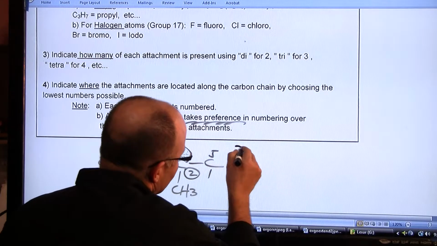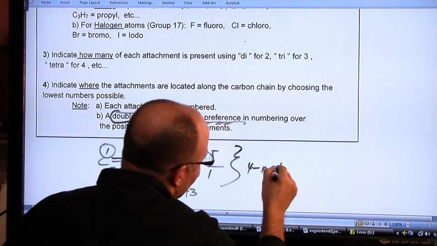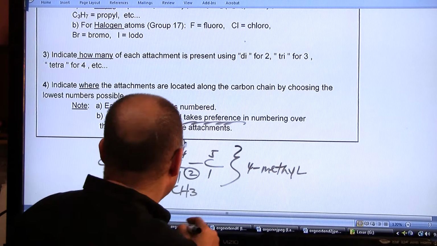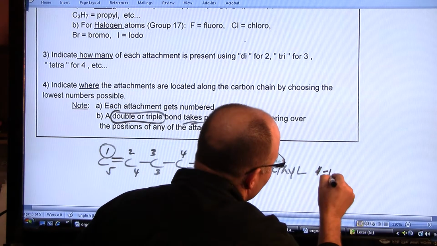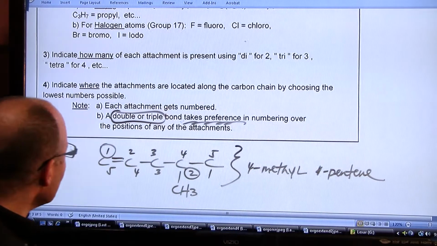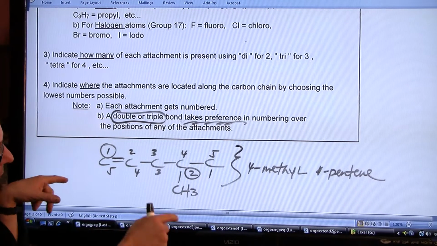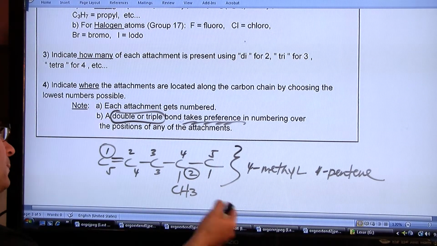And so you're going to name this as 4-methyl-1-pentene. All right, and what a number of students do to try to satisfy this rule is they count from both ends.